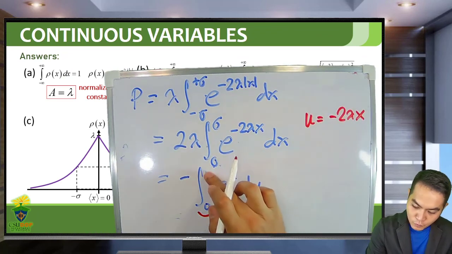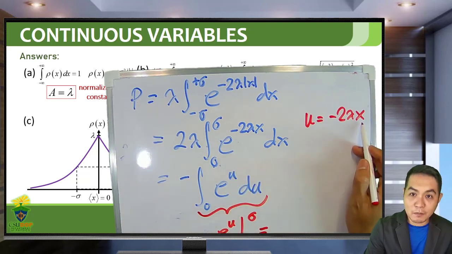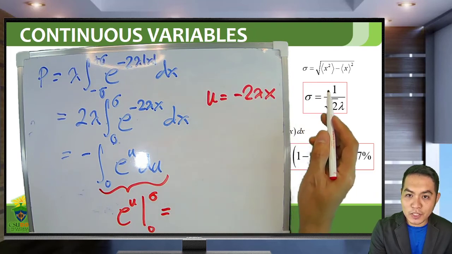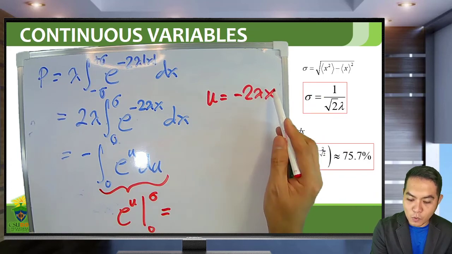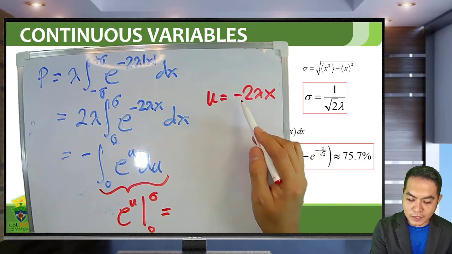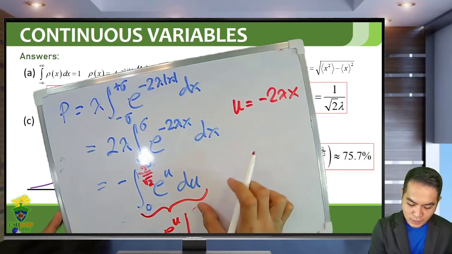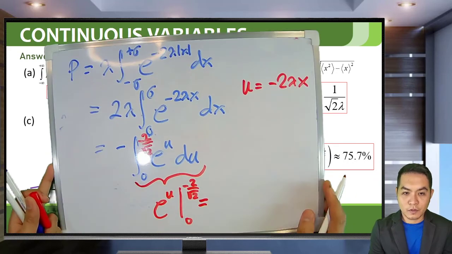When x is equal to 0, u is equal to 0. But when x is equal to sigma, which is 1 over square root of 2 lambda, u becomes negative 2 over square root of 2. So this should be our upper limit, not sigma: negative 2 over square root of 2.